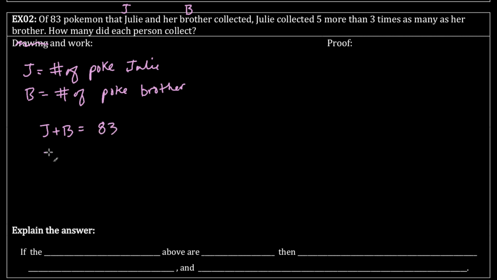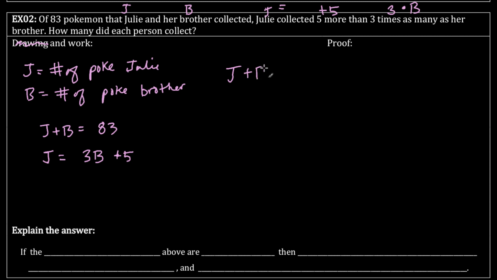And we also know that Julie collected 5 more than 3 times the number that her brother collected. Shouldn't be too bad. It looks pretty easy.